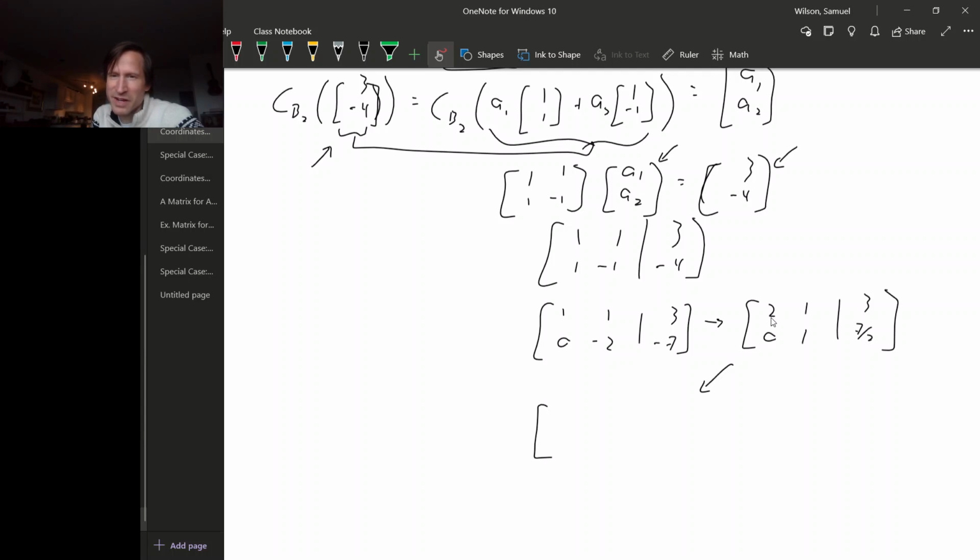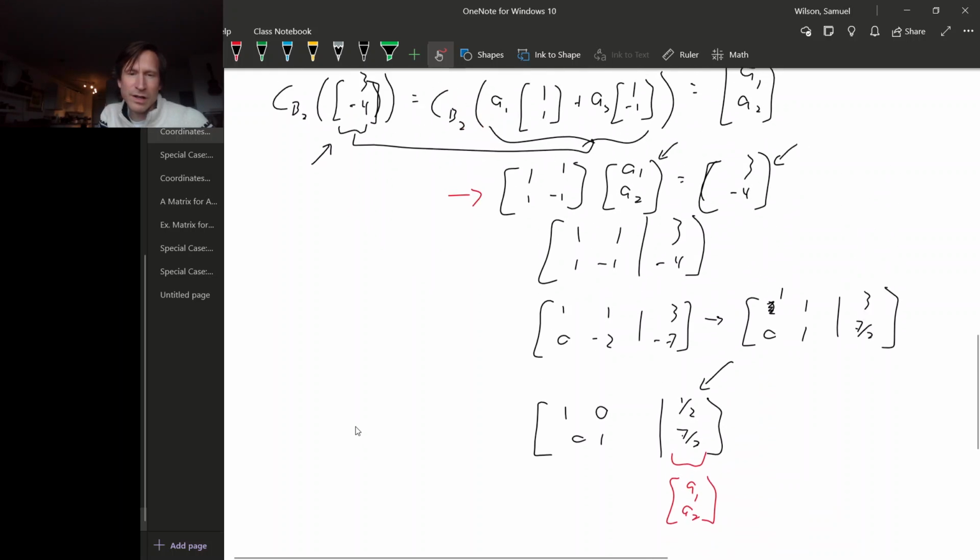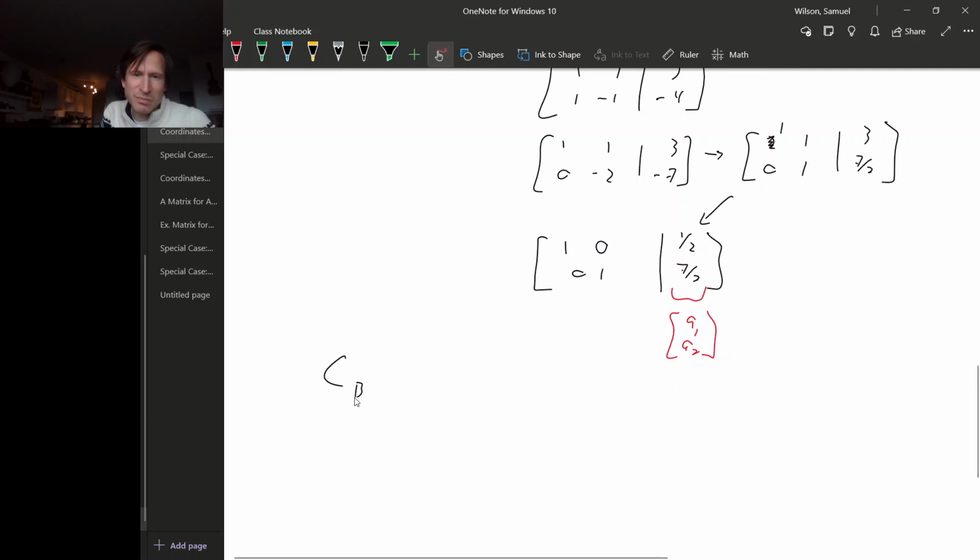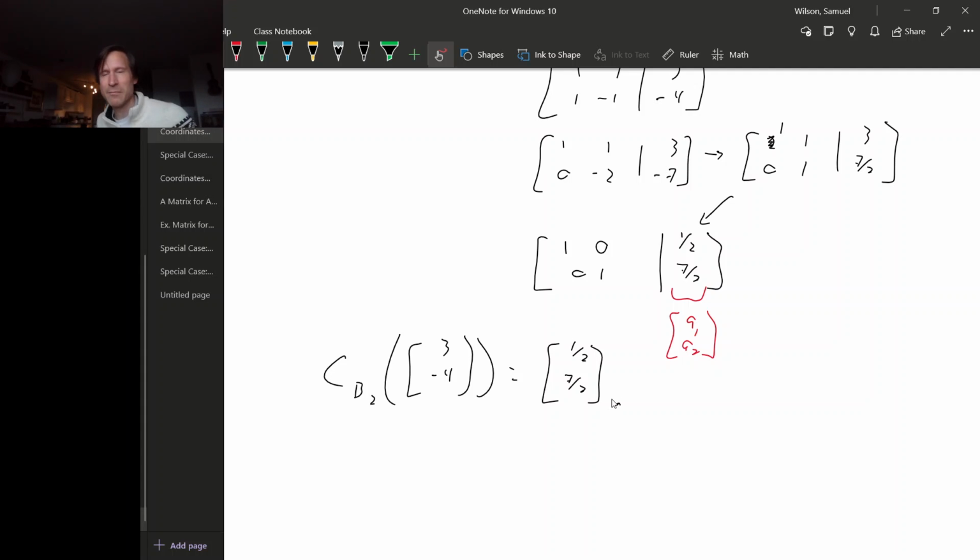I'm sorry, this should be a 1 right here, not a 2. Then we get 1, 0, and 3 minus 7 halves is 1 half, and 0, 1, 7 halves. So we solved this equation. That means this is a1, a2. So the coordinates with respect to this second basis of the vector 3, minus 4 are 1 half and 7 halves.